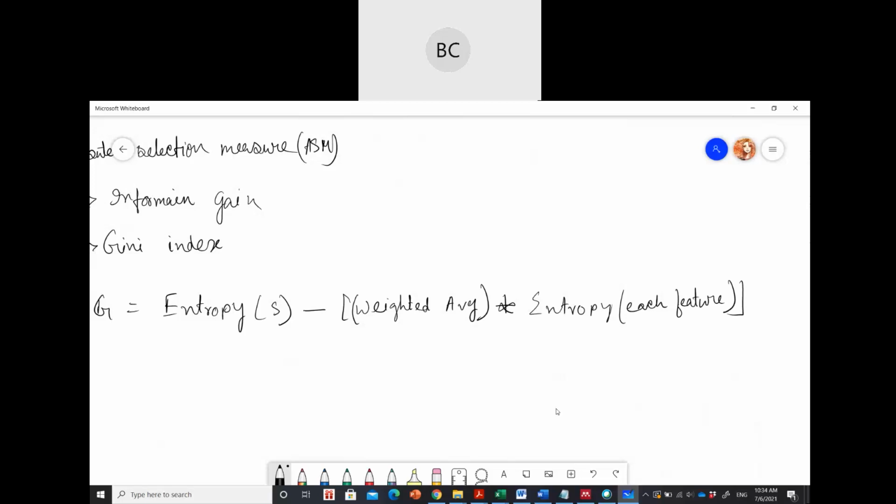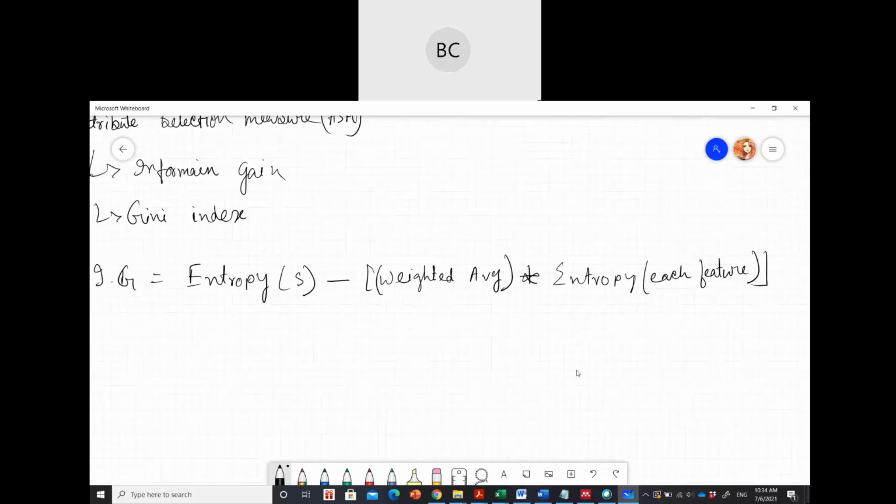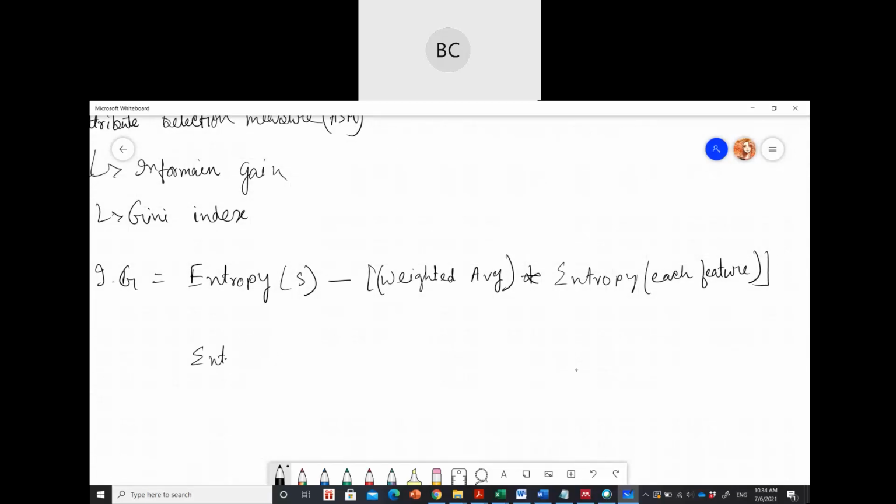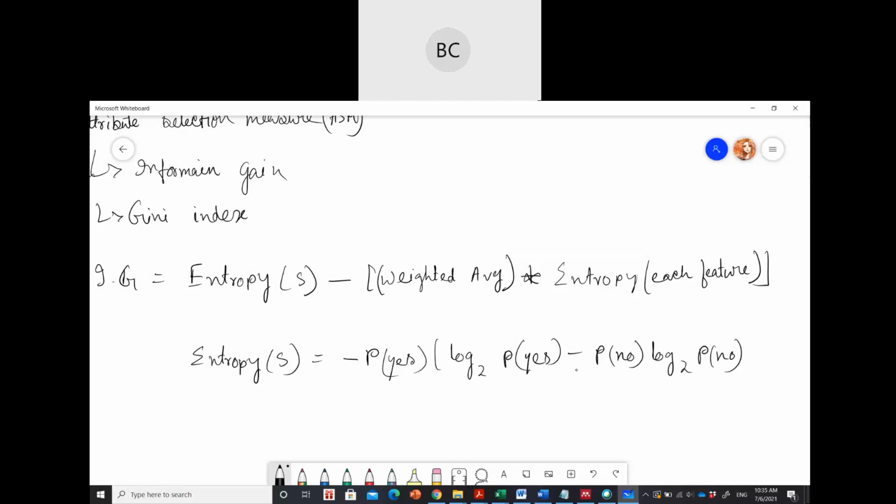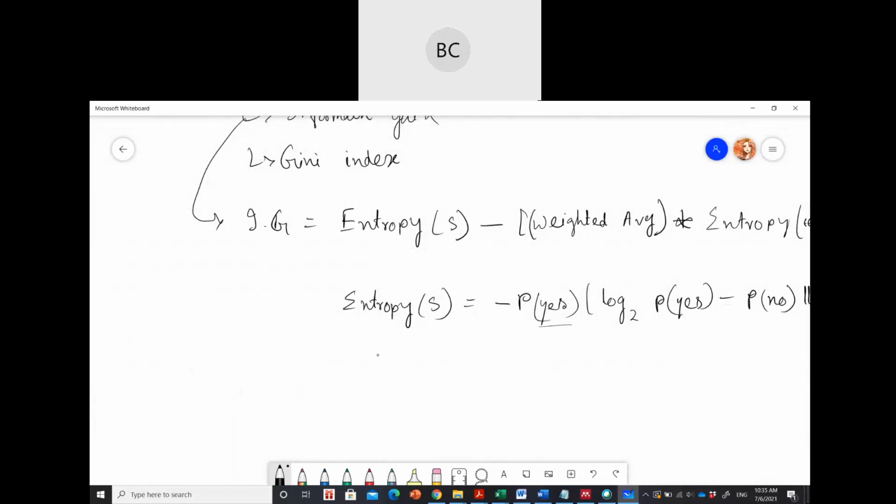It basically specifies any randomness in the data, and you can calculate entropy with the help of the probability of yes and the probability of no. So S is the total sample, then the probability of yes, and the probability of no.